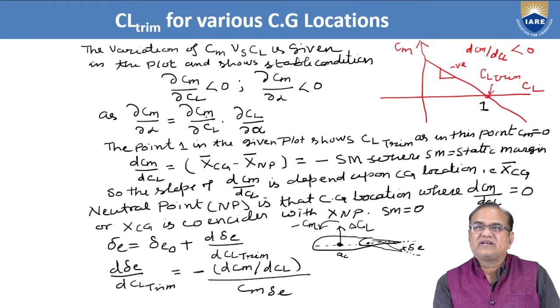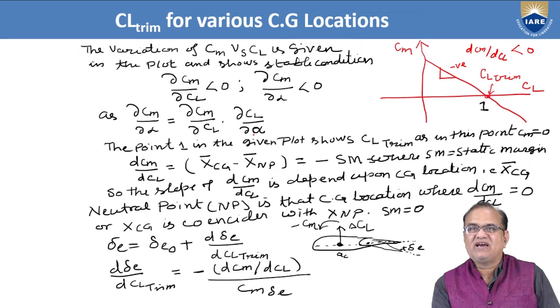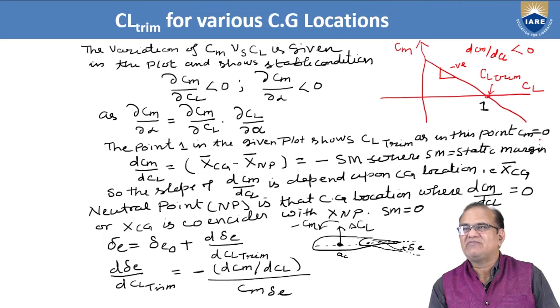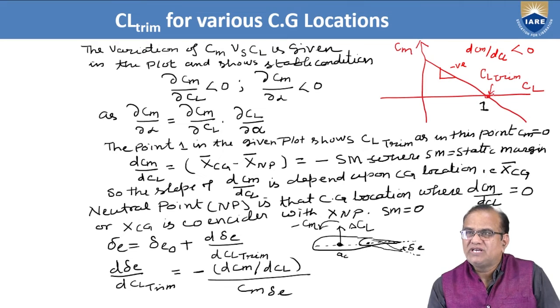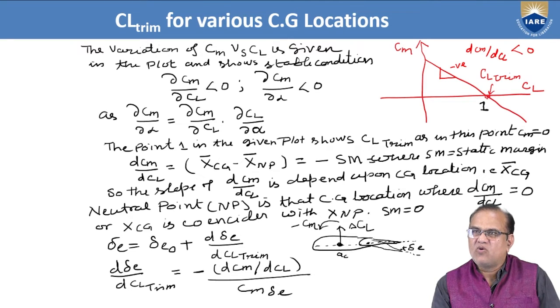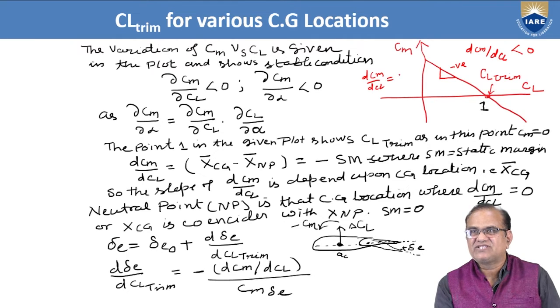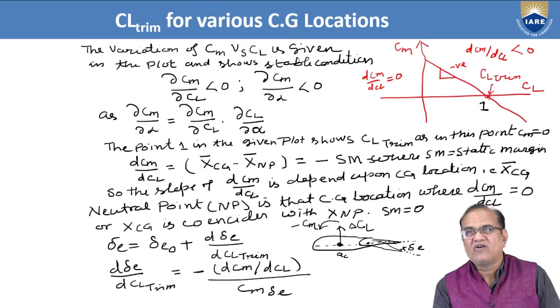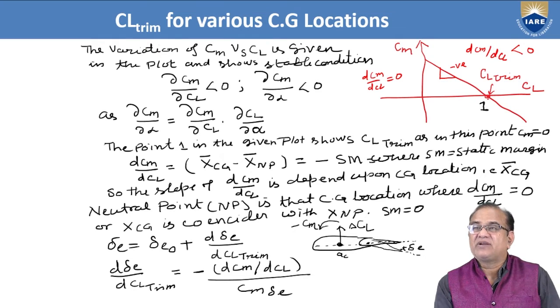So here if you see this plot, it shows the condition for which the aircraft coefficient of lift at this point you don't have any Cm. It shows that where Cm is 0, this is the point called the trim point.